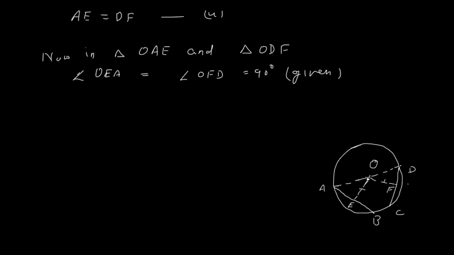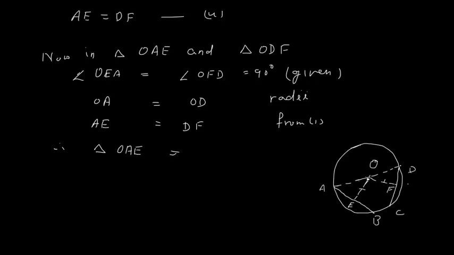Then OA is equal to OD, these are radii of the circle, and AE equal to DF, we can say from 4. Therefore triangle OAE is congruent to triangle ODF.